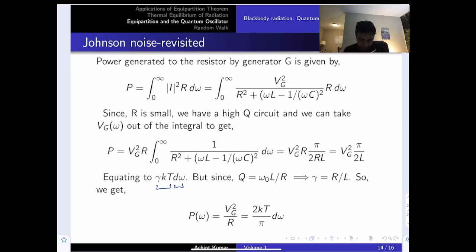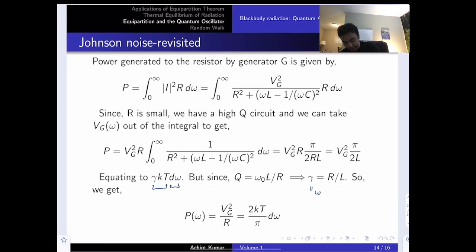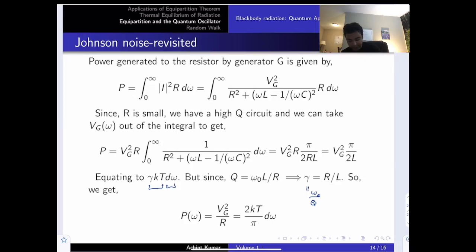Okay, so quality factor for an RLC circuit in series is omega naught L over R. So gamma, which remember is omega naught over Q, becomes R by L. So eventually, once I plug in the value, once I equate this expression to gamma kT d omega, and I solve for Vg, I end up getting a power spectrum which is equal to 2 kT over pi times d omega.